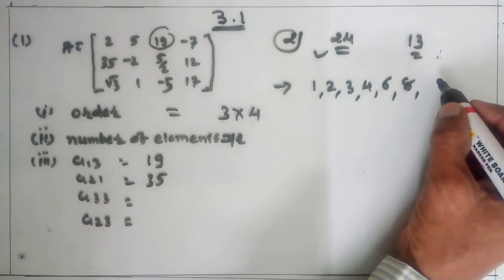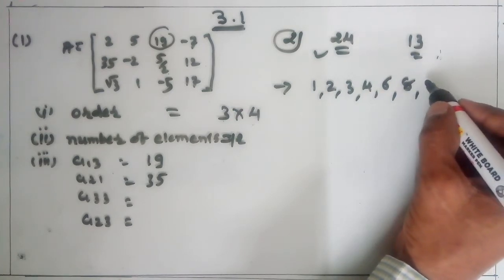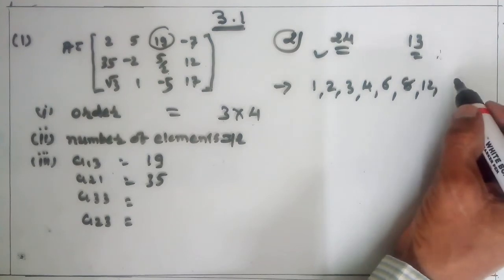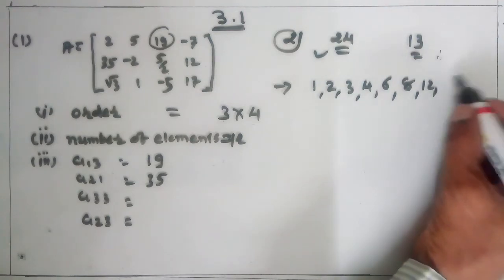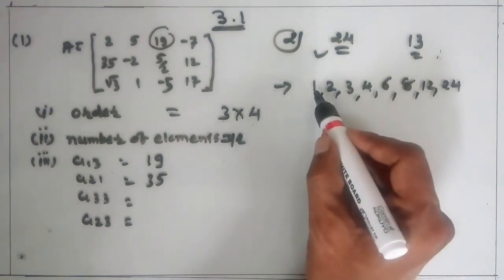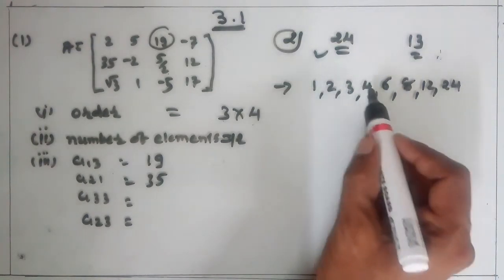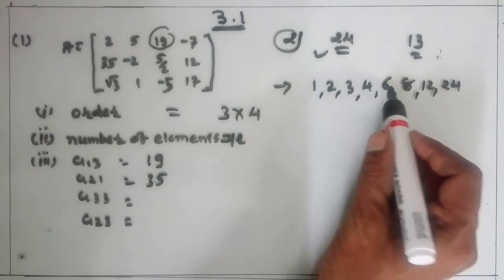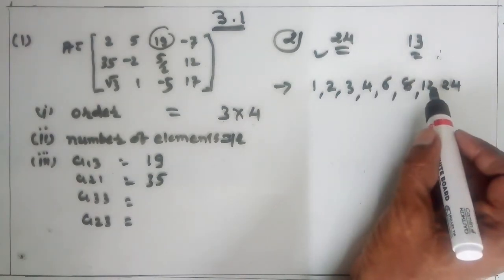Clear? 10 does not divide. 11 does not divide. 12. Then last, 24. Clear? So the factors are 1, 2, 3, 4, 6, 8, 12, 24.